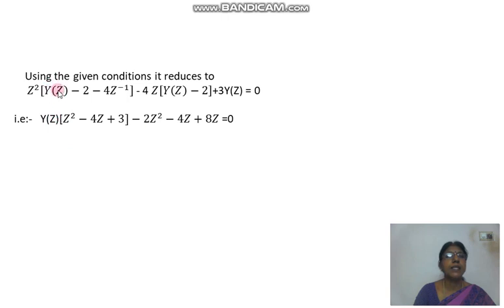That is, Y of z is common. z square Y of z is here, minus 4z into Y of z means minus 4z, plus 3 Y of z; Y of z is common. The terms not containing Y of z are z square into minus 2, z square into minus 4 into minus z power minus 1, which means minus 4 into z.